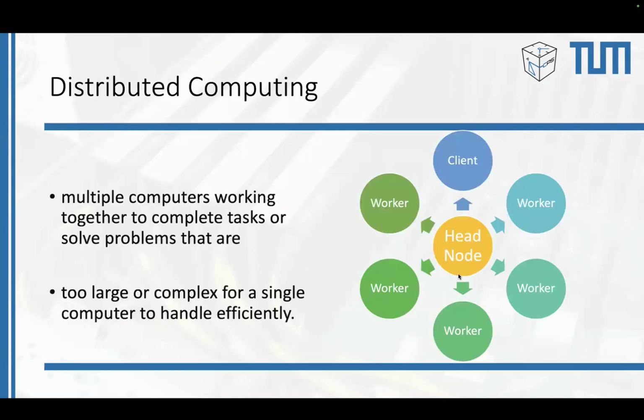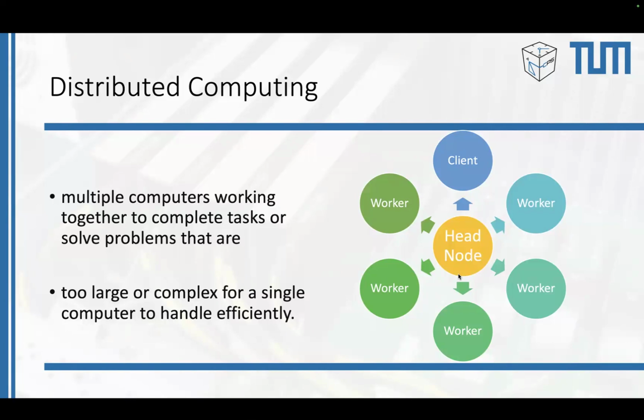So first of all, what is distributed computing? The idea of distributed computing is that you have multiple computers working together to complete your tasks. Basically, this happens when you have too large of a task for a single server, however large that server might be.